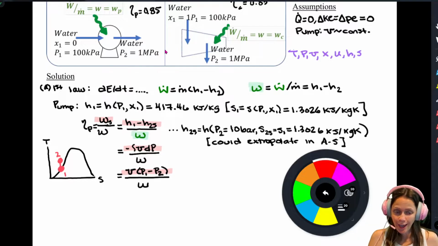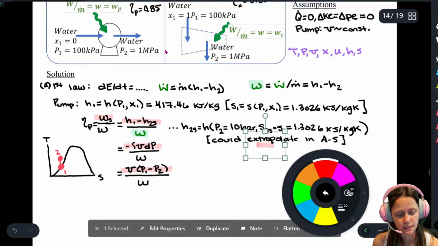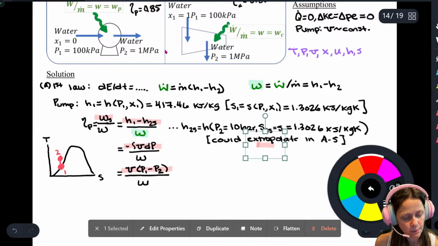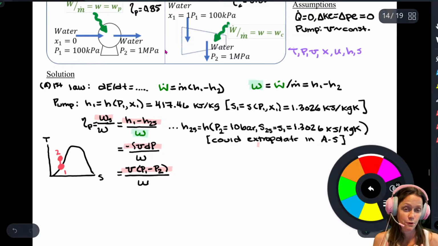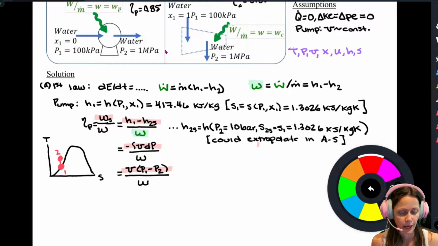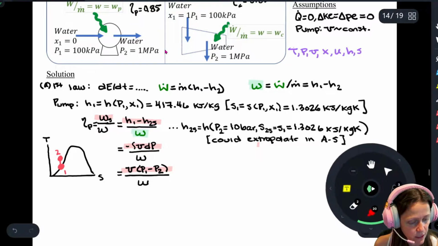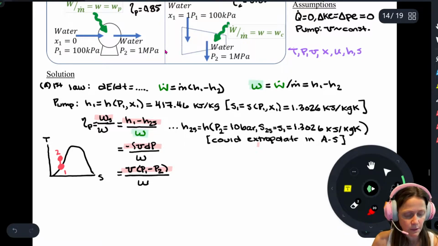And that's okay. That VdP is also going to have a little bit of error. You're probably going to have more error if you extrapolate. But for my purposes on a test, either method of solving for WS is going to be just fine. But I like the VdP equation.